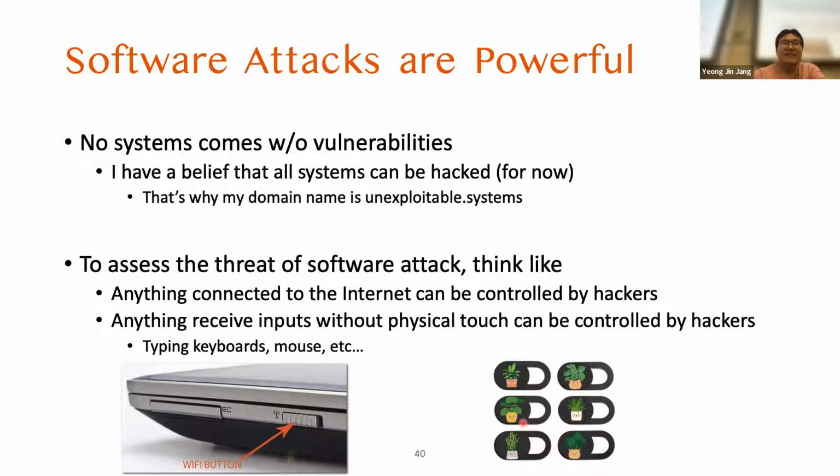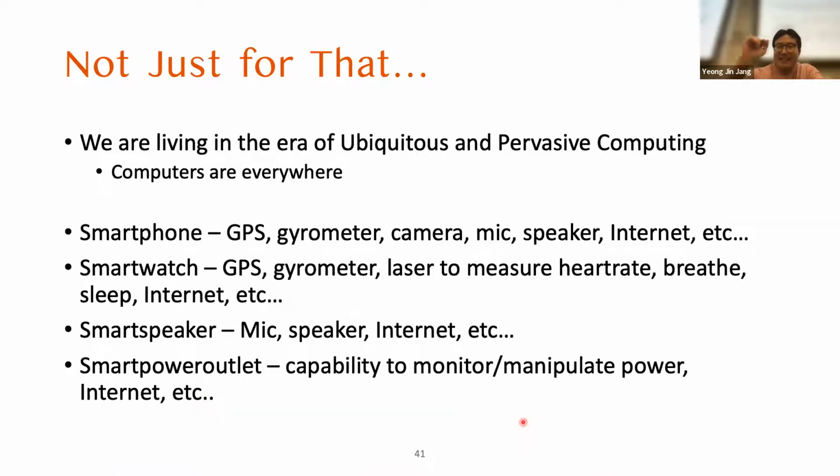And anything that runs with software can easily be hacked remotely. And we are living in the era of ubiquitous and pervasive computing. I'm not sure how old you were when the word ubiquitous computing came in.